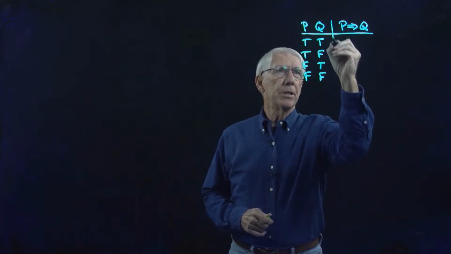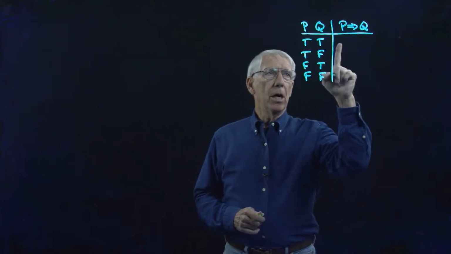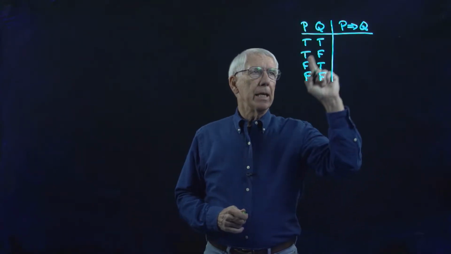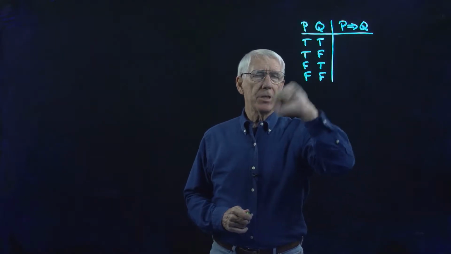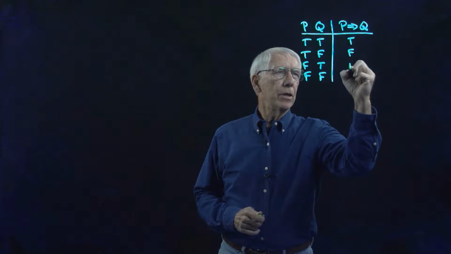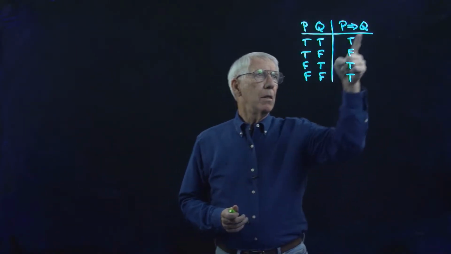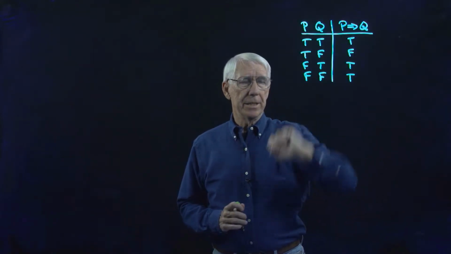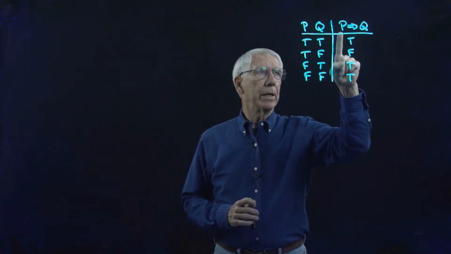We know that the implication statement is true in each of these cases except the second one. So we have T, F, T, and T. So this statement is false only when the antecedent is true and the consequent is false.